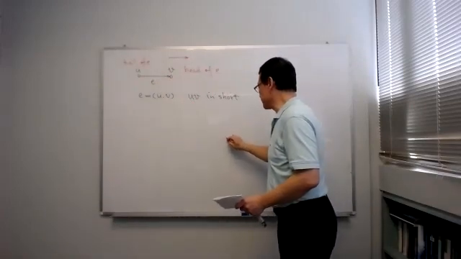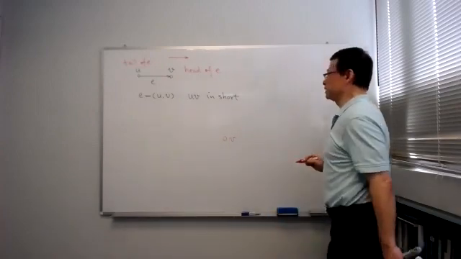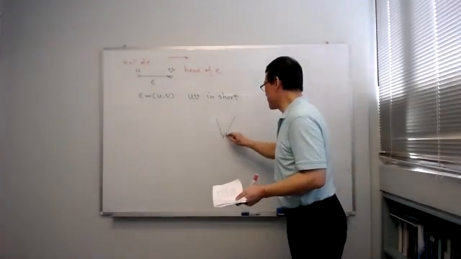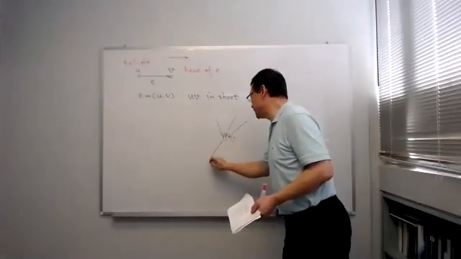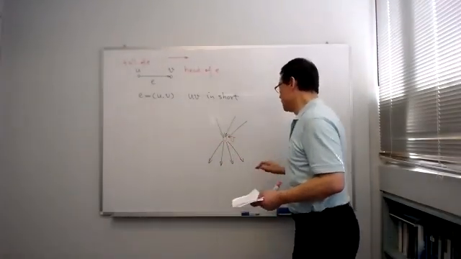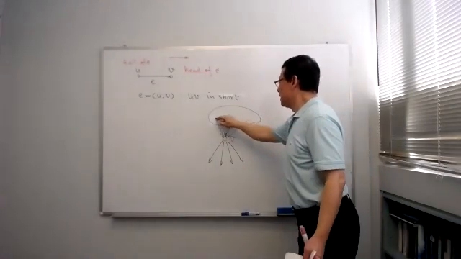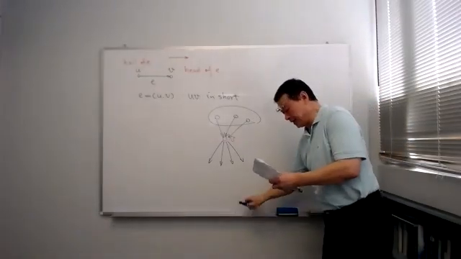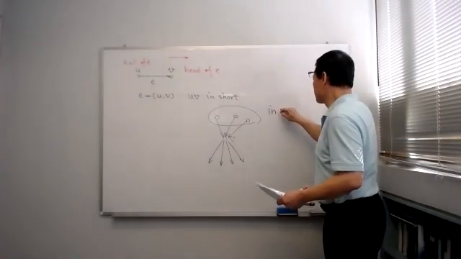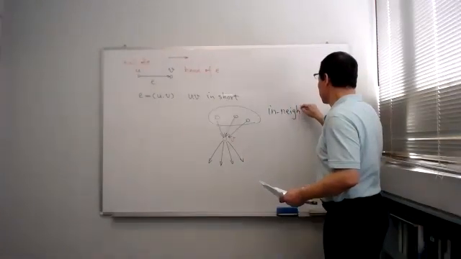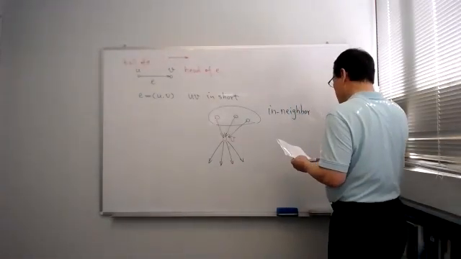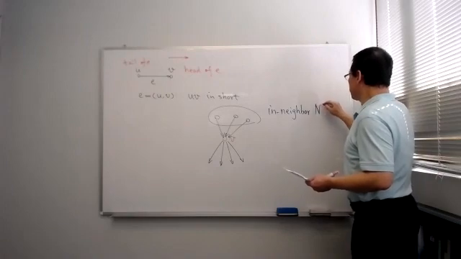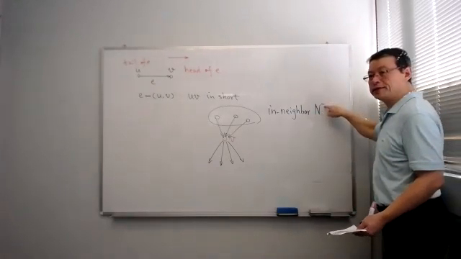Now, if we look at a single vertex V, then there are arrows going into V, and there are arrows going out from V. So these vertices are called in neighbors of V. Notationally, we use N with a superscript minus.